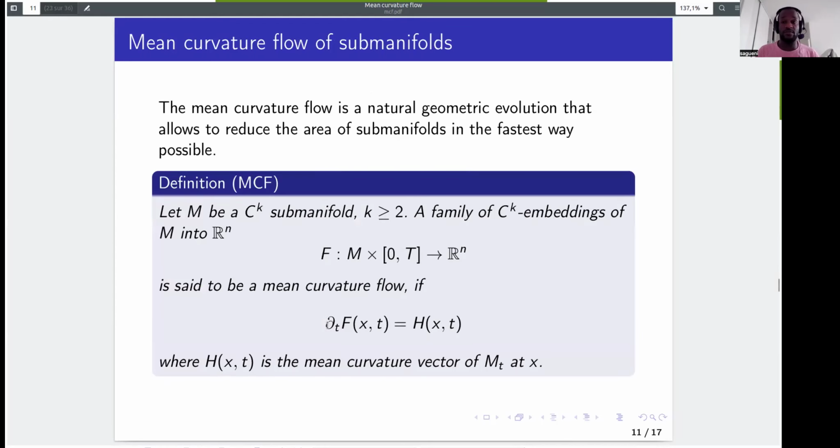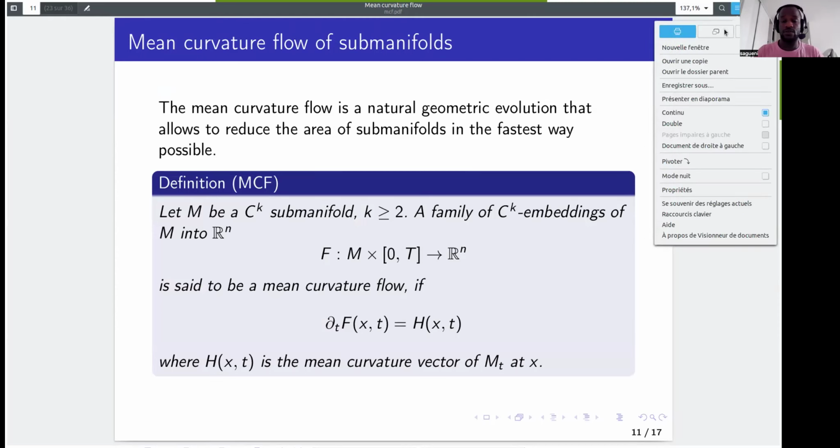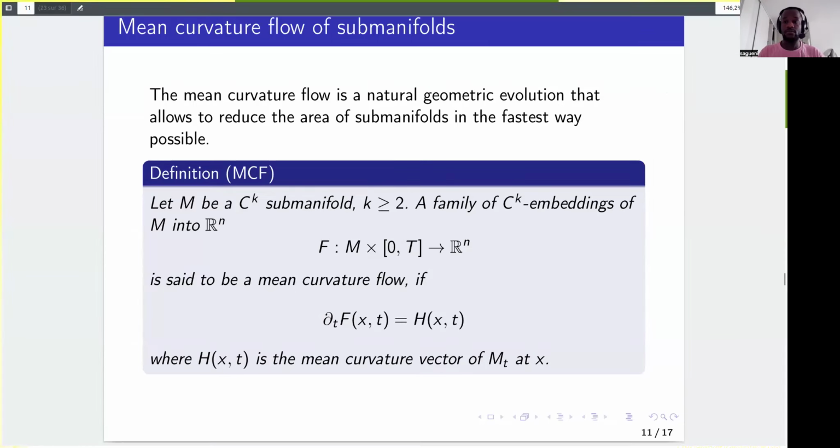Okay, now we define the mean curvature flow. The mean curvature flow for a higher dimensional submanifold is defined as for curves. So we take a family of C^k submanifolds. So we take a manifold of C^k regularity, so when you can differentiate k times basically.